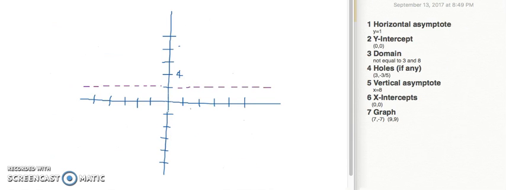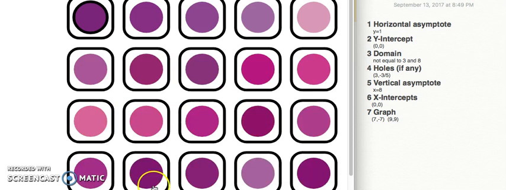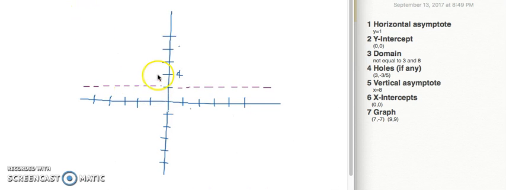Finally, we have to graph our function. First we put the horizontal asymptote, which is y equals 1. Here it is. Now we put the y-intercept, which will be (0, 0) here. And now the hole, which will be approximately over here.